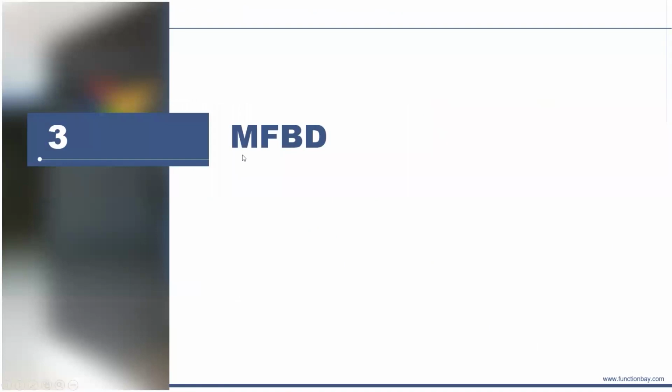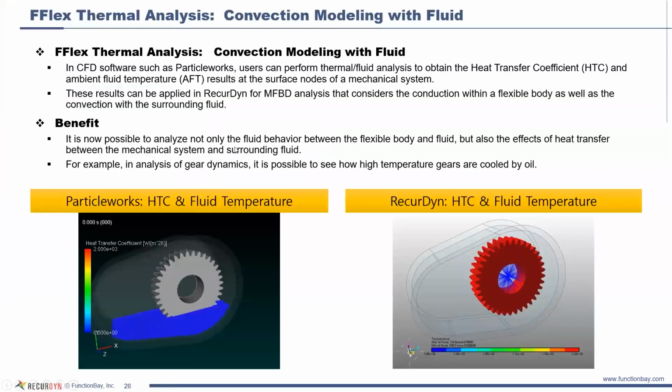All right, so the next set of enhancements have to do with multi-flexible body dynamics. The first one is an enhancement to the FFlex thermal analysis, where we can now model convection with surrounding fluid.